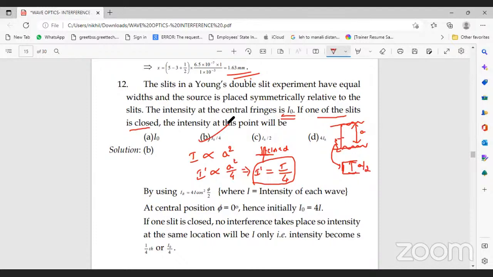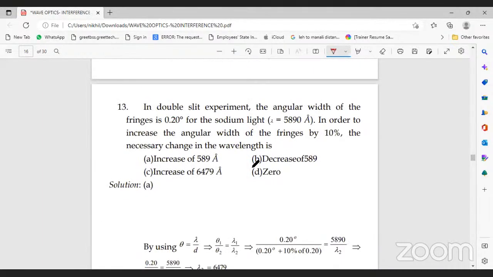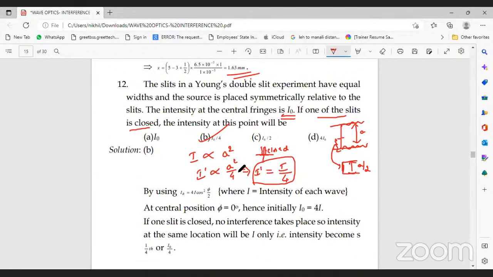Got it? Okay, I will stop at this stage. We'll continue in the next class from 13th problem. So in the next class, I can finish off the problems on interference. Then immediately we'll take up diffraction and polarization. Okay? Thank you.